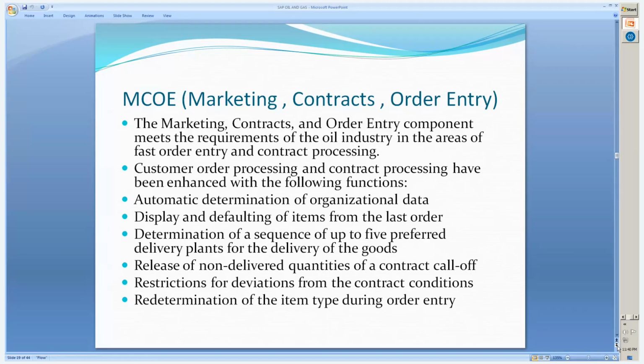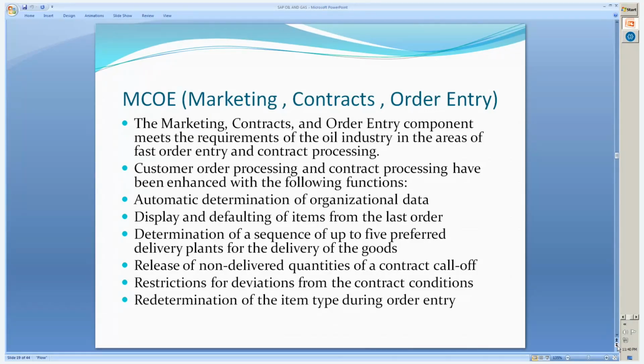Then we are going to create a quantity contract, and based on the quantity contract, we're going to create the delivery. This quantity contract can be created with multiple ship-to parties, which is another important enhancement here. That means at the header level, we'll be able to have multiple ship-to parties so that when you create the release orders, you'll be able to do it for the specific ship-to party.